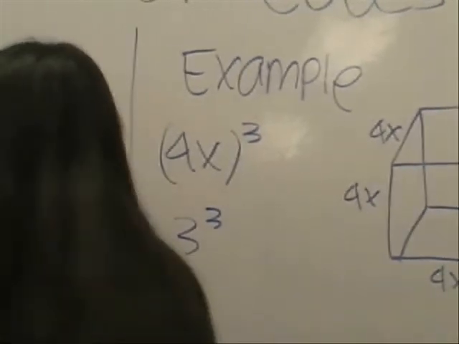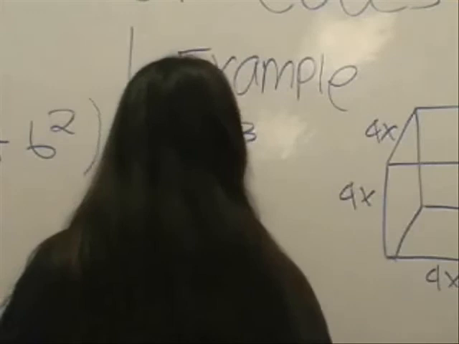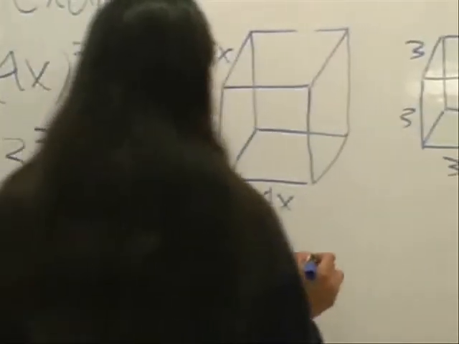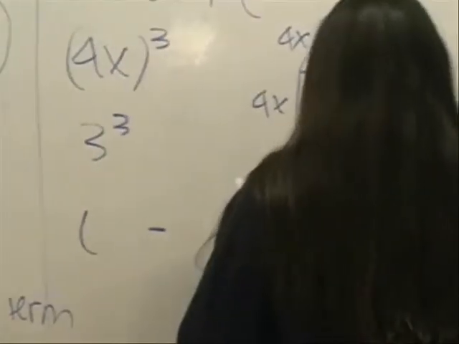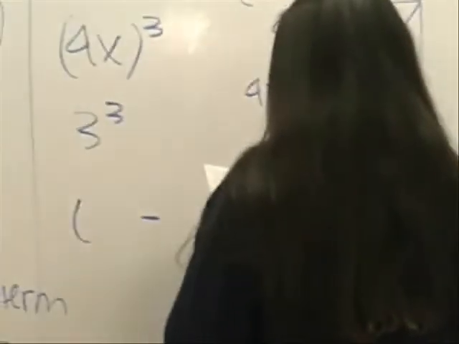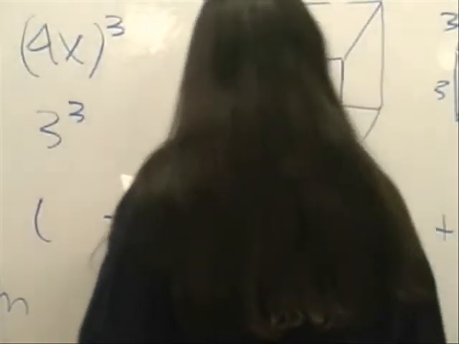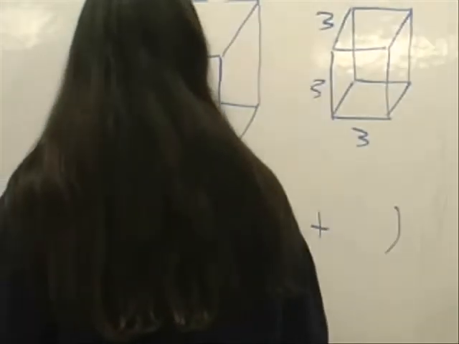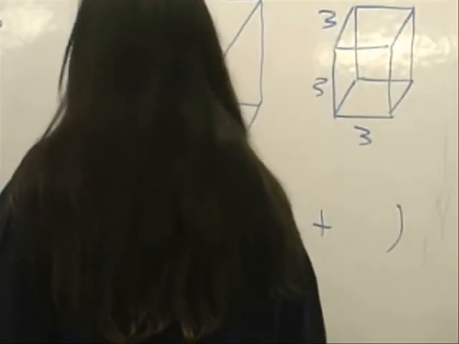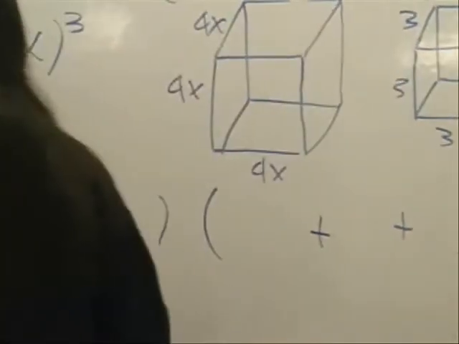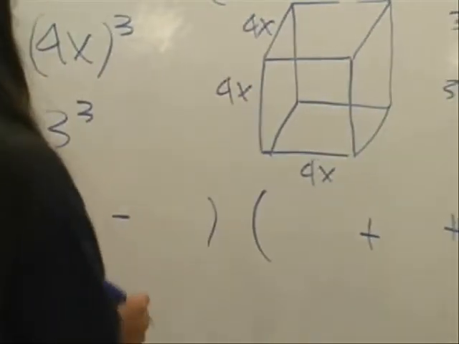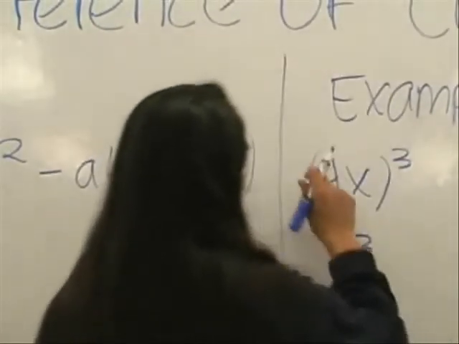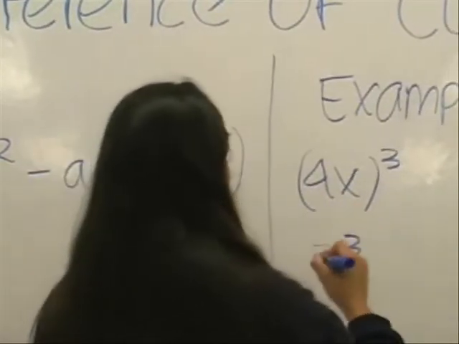So, like it says in the steps, we open two parentheses, we put the signs, so we take the cube root out of these numbers, like this.